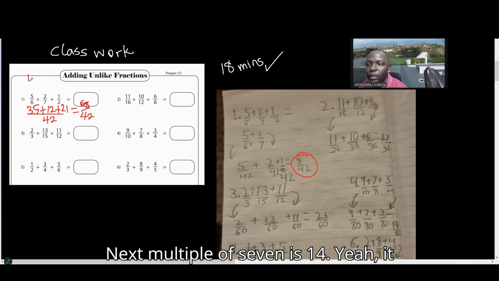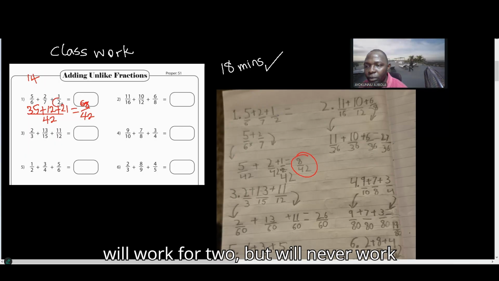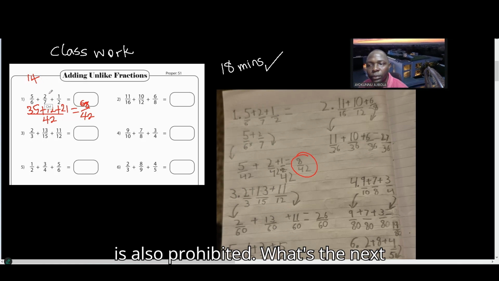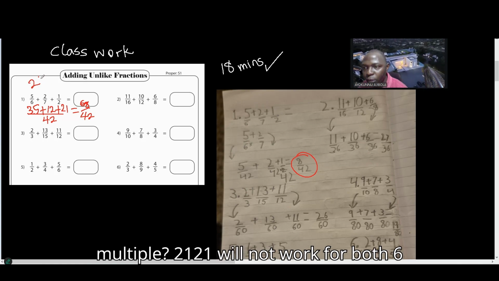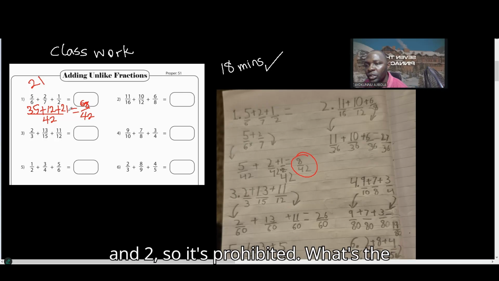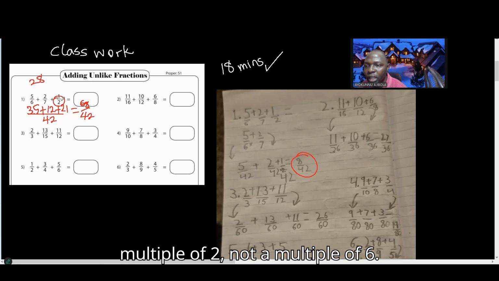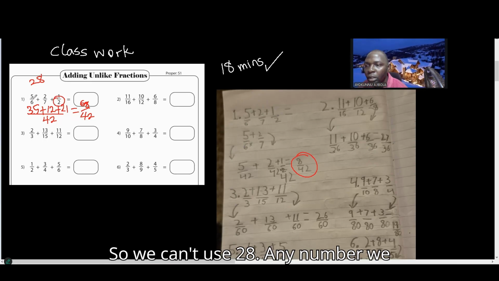Next multiple of 7 is 14. It will work for 2, but will never work for 6, okay? So 14 is also prohibited. What's the next multiple? 21. 21 will not work for both 6 and 2, so it's prohibited. What's the next one? 28. 28 is a multiple of 2, not a multiple of 6, so we can't use 28.